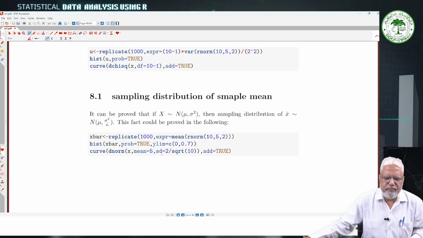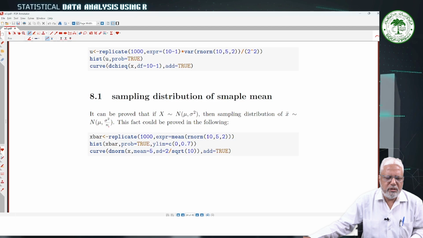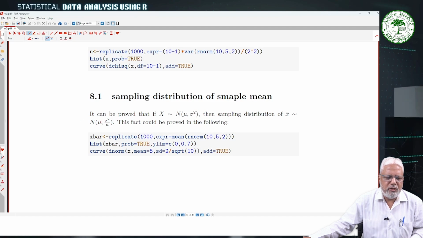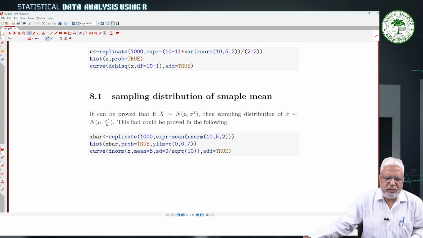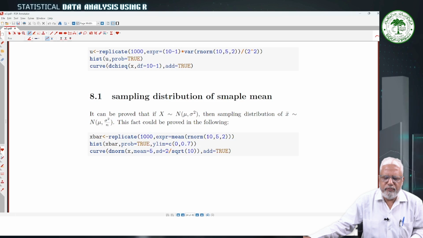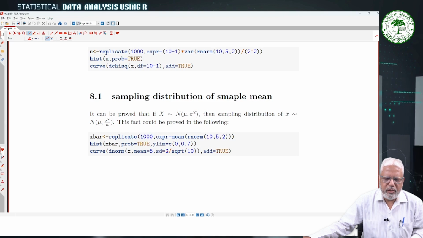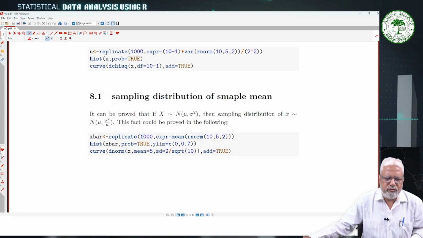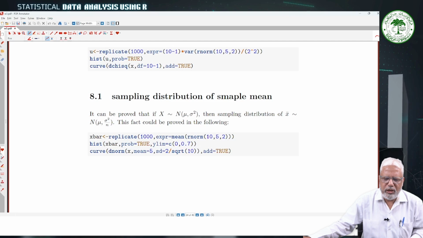Mean is equal to 5 and SD is equal to 2 by root 10. Actually SD is nothing but the square root of this expression, because in R it takes SD, not variance. So it will be the square root of 4 divided by 10, that is 2 divided by square root of 10.